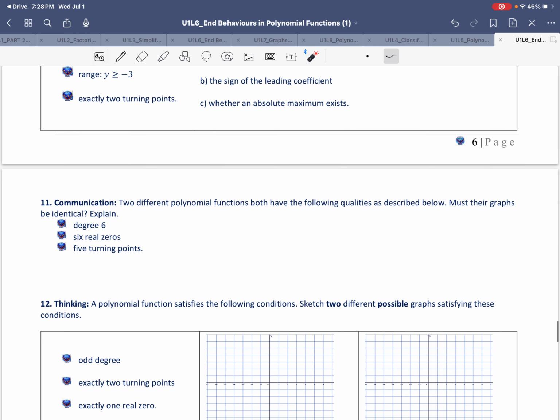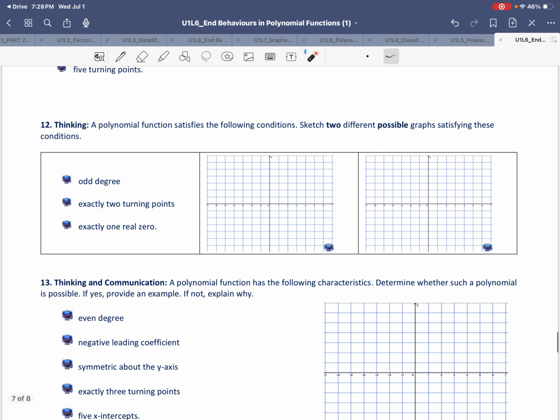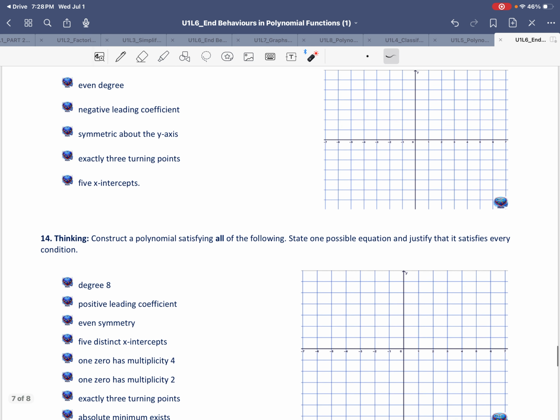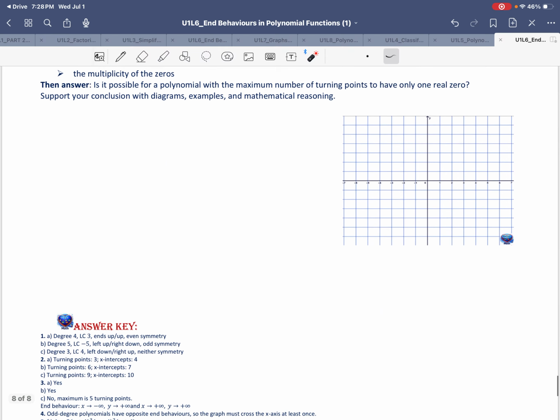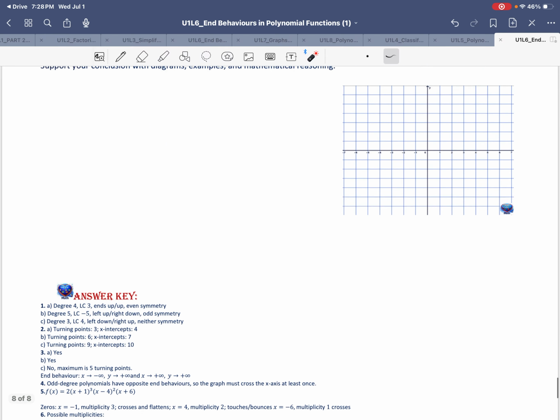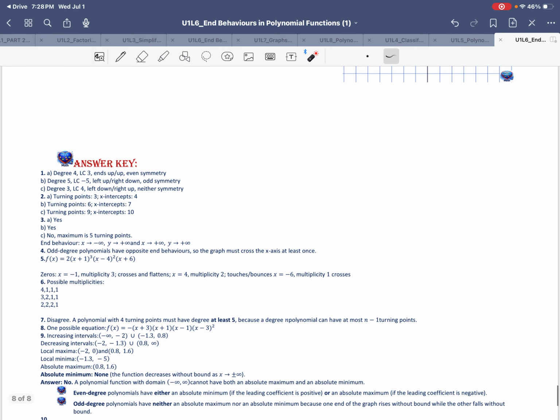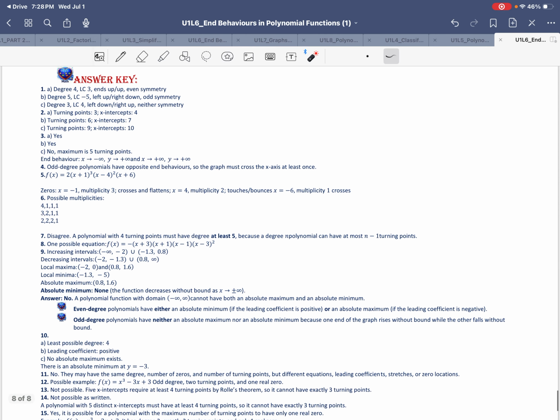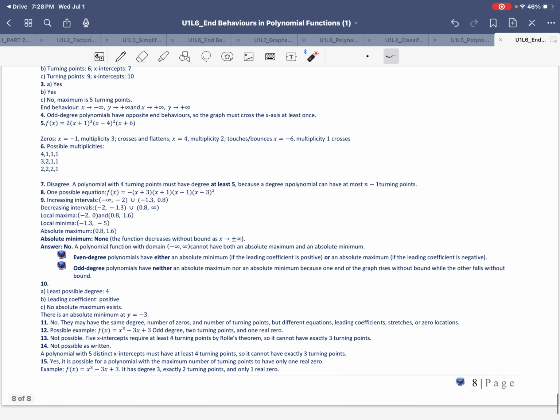And in a way, enjoy what you have learned so far and pat yourself on the back for it. This is the last page, with some communication and thinking questions, and you have the answer key provided as well that you can look at.